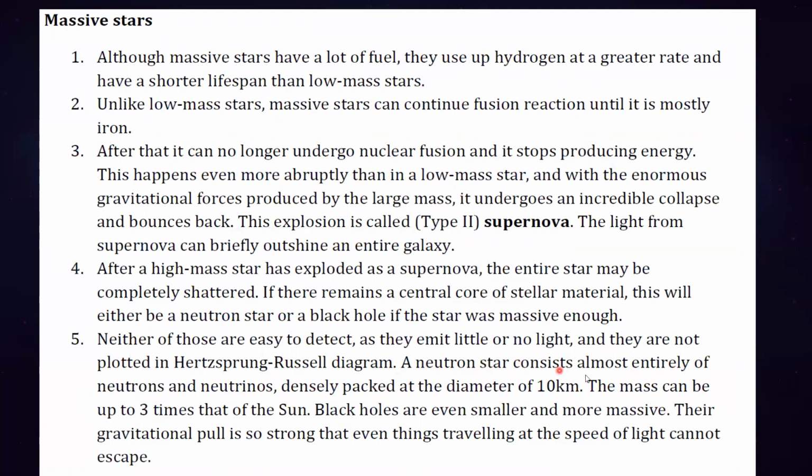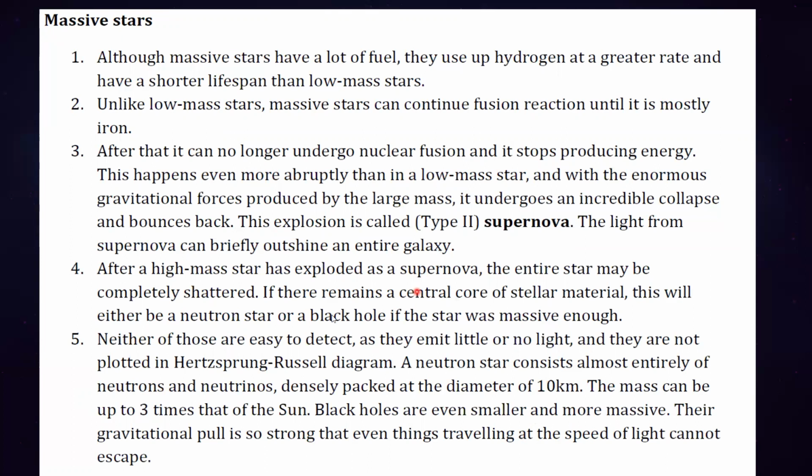And a neutron star consists almost entirely of neutrons, which are densely packed in a diameter of about 10 kilometers, and the mass can be about 3 times the mass of the sun. Black holes are even smaller and more massive, and their gravitational pull is so strong that even light is not able to escape.